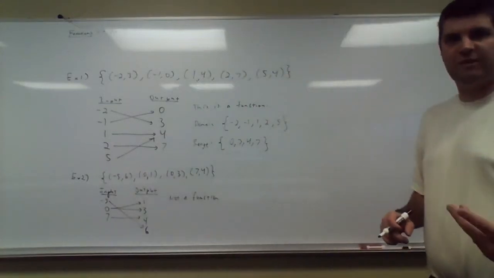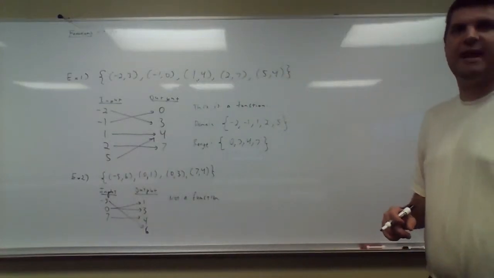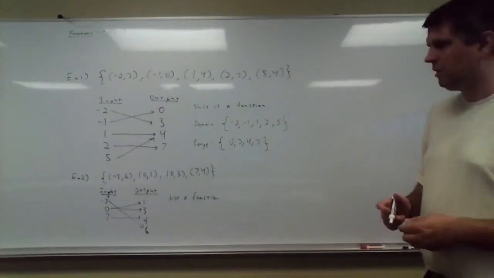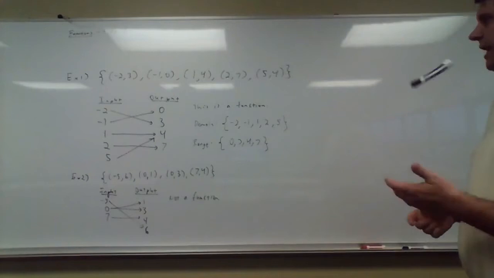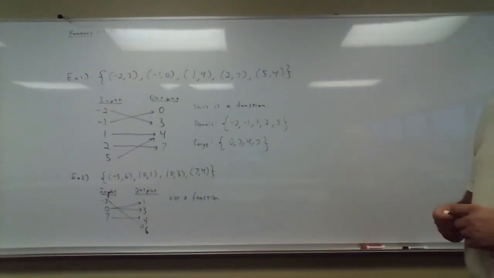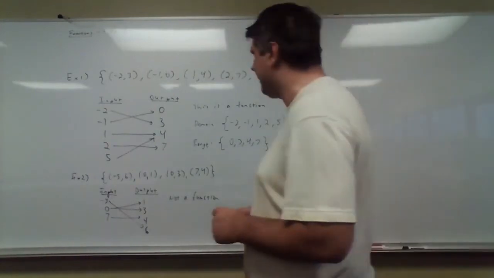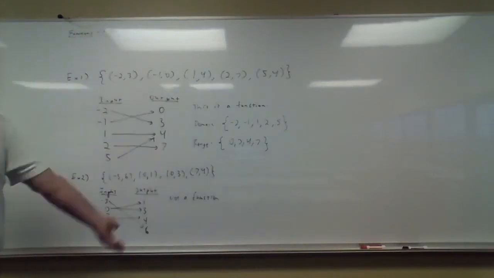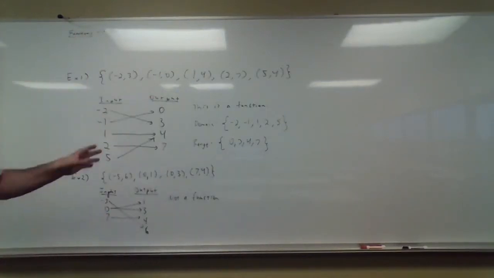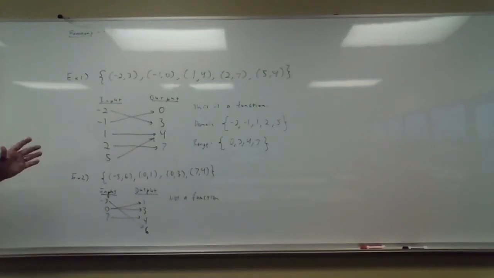Since it's not a function, it doesn't have a domain, it doesn't have a range. That's the reason why I chose the words inputs and outputs. Just because it's an input doesn't mean it's a domain. Just because it's an output doesn't mean it's a range. It has to be a function. So here's the difference.